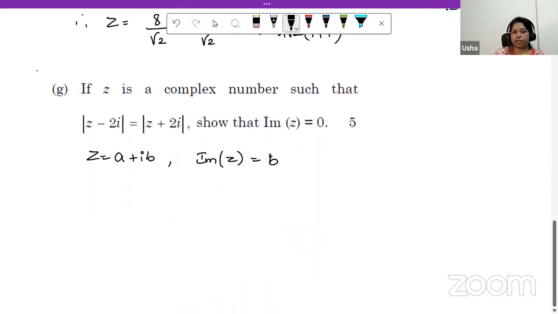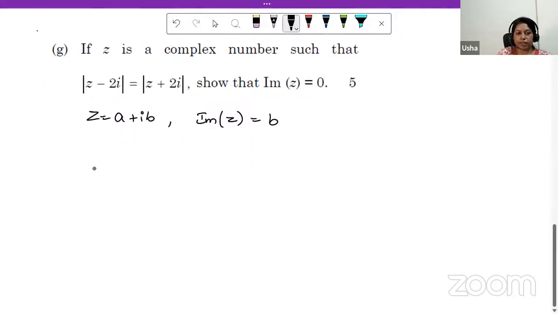Im of Z is B and the real part of Z is A. They've asked us to show that the imaginary part of Z is 0. Okay. So the imaginary part of Z is B and we need to show that B is 0. For this, modulus of Z minus 2i and Z plus 2i are the same.